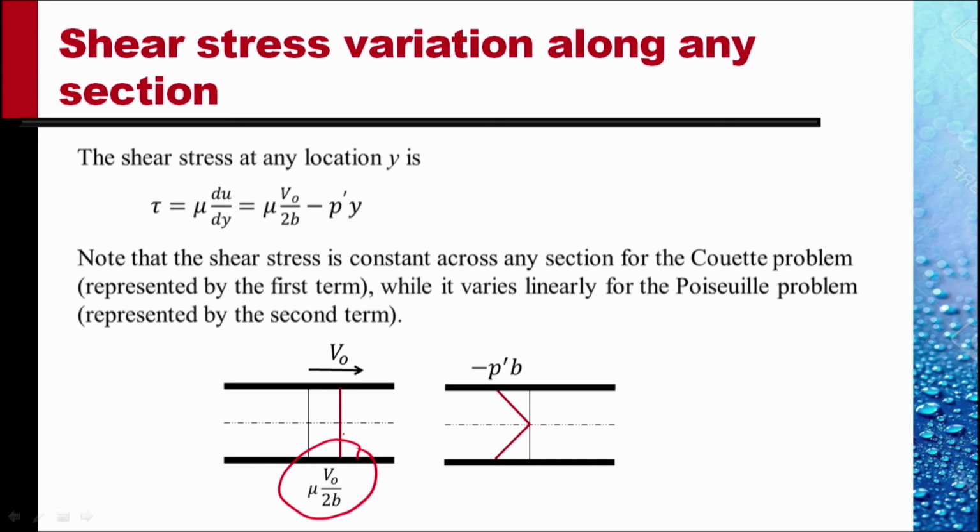But the shear stress due to pressure gradient varies linearly. It is minus P prime b at the top and bottom surface and 0 in the middle. Of course, shear stress should be 0 at the middle because the parabolic velocity profile is symmetric, so du by dy is 0 at the middle.